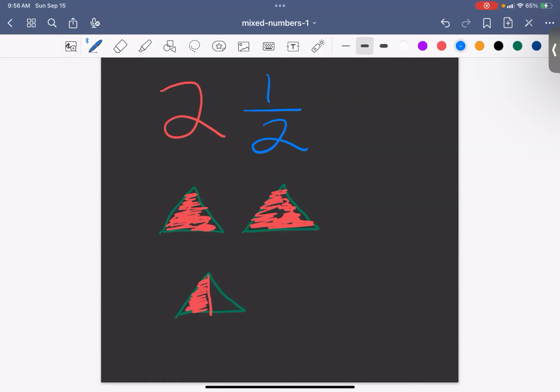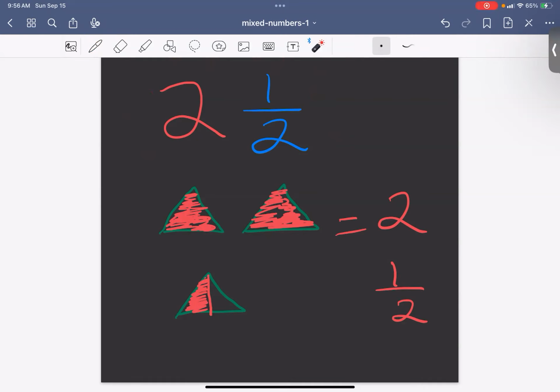So I have two full triangles that are shaded in, and then I have one half of a triangle that's shaded in. That's how we get the mixed number 2.5.